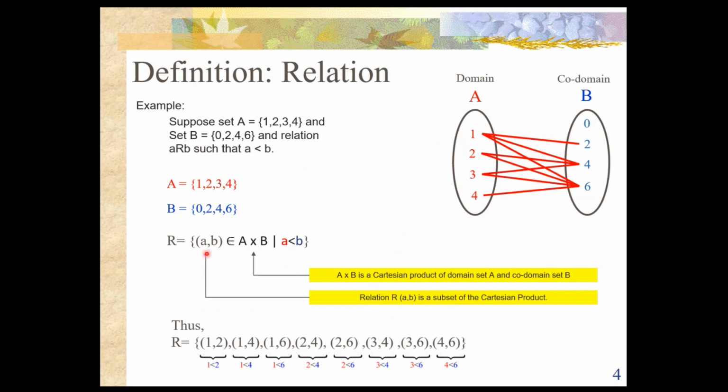Now let's go through this together. The members of this set are ordered pairs, which contain a and b. What is a and b?